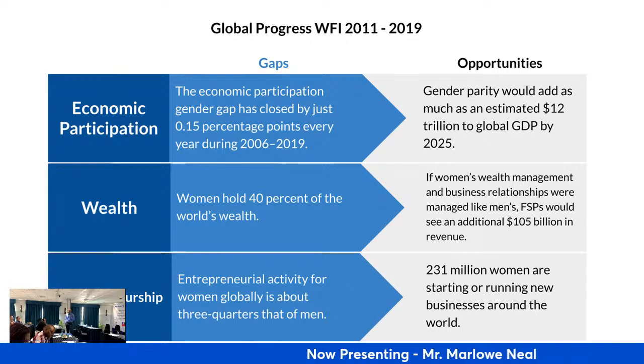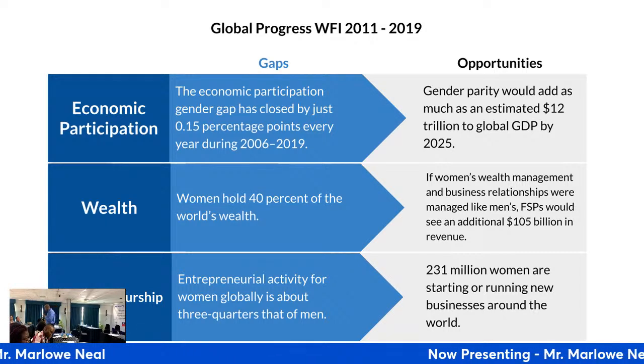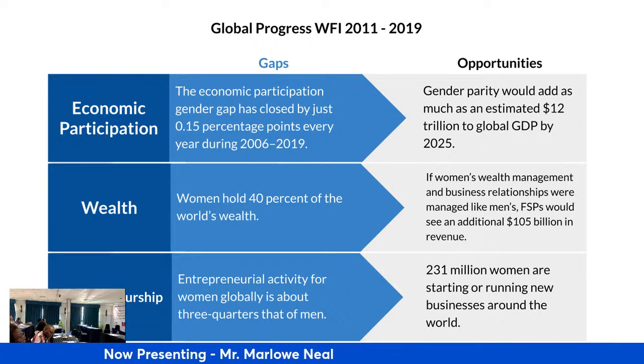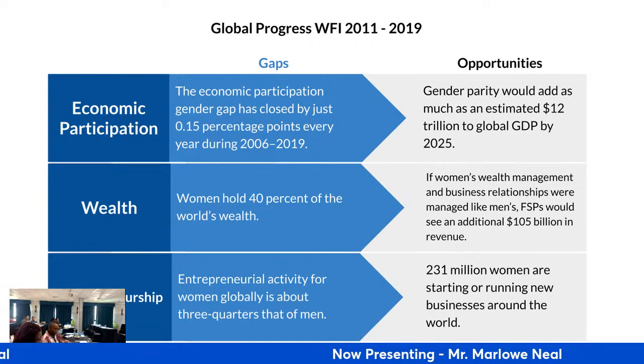In terms of wealth, when we looked at the example in the US, women did influence 90% of household consumer decisions, so women have considerable influence in the consumer economy. In terms of wealth within the US, women held about 27% of all wealth.